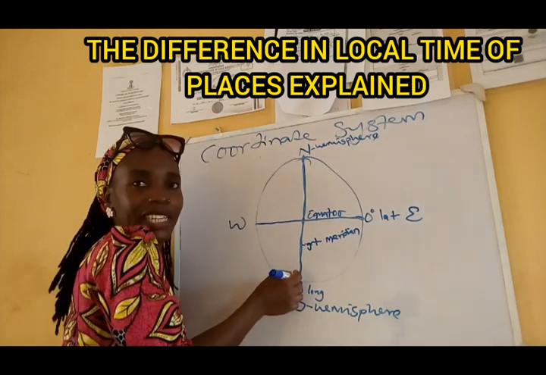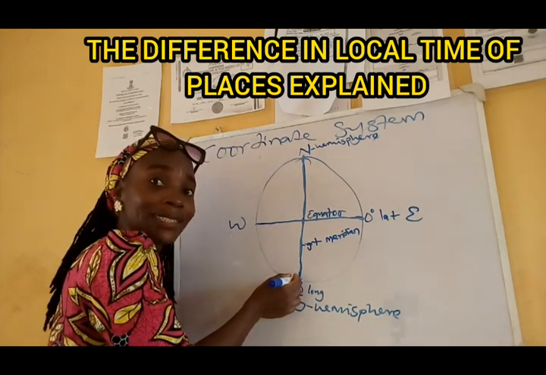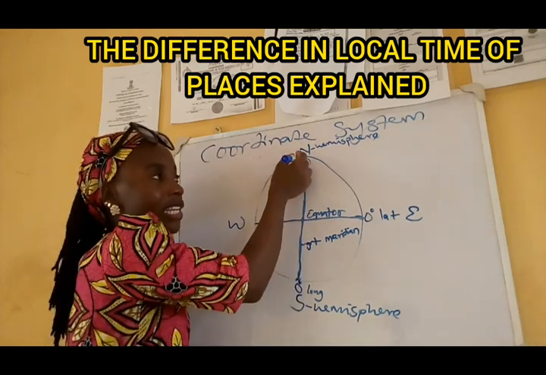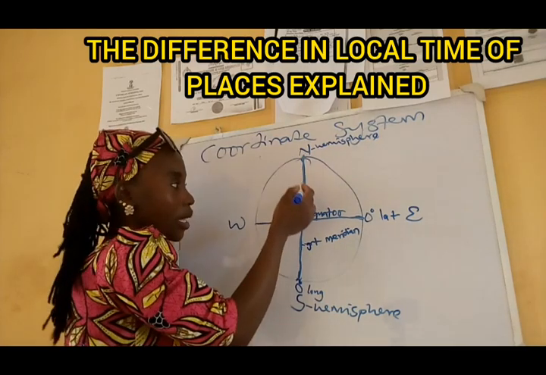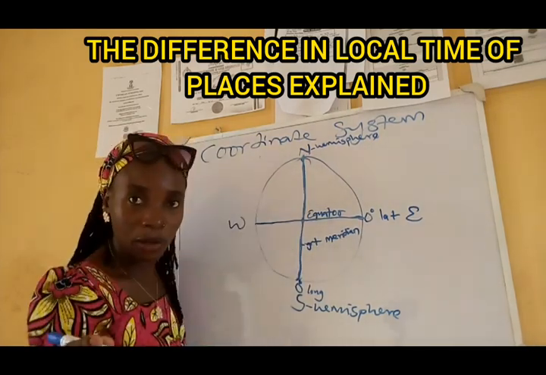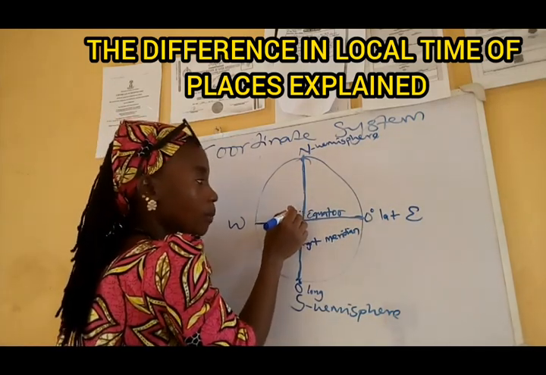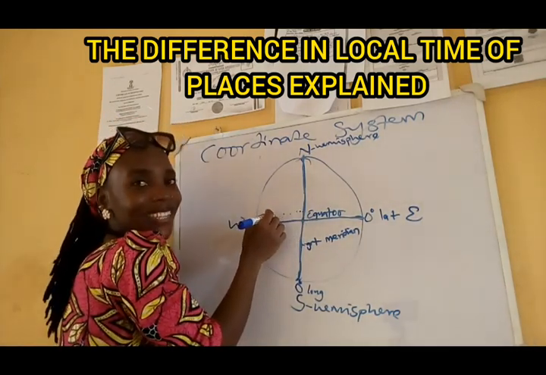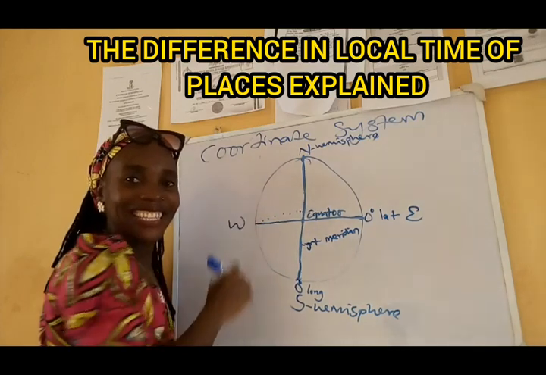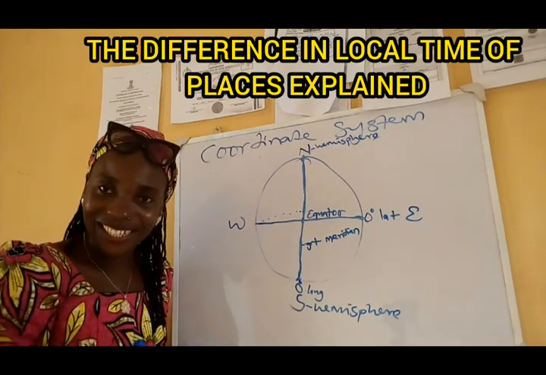If you are at this point, you are at 0 degrees. At this point, 0 degrees. At this point, 0 degrees. Now, it increases by degrees towards the west. Then you have the westings.